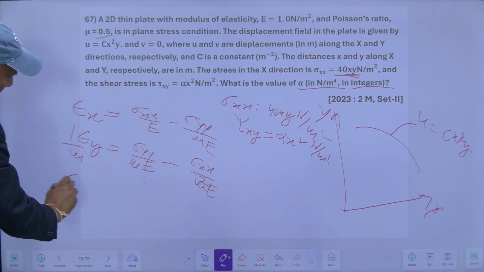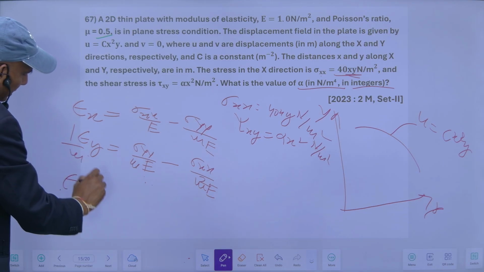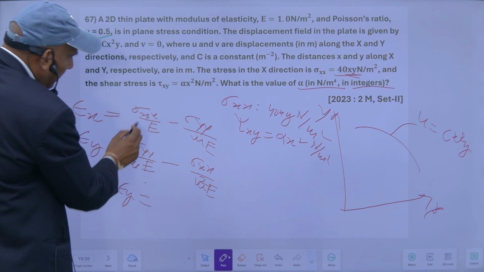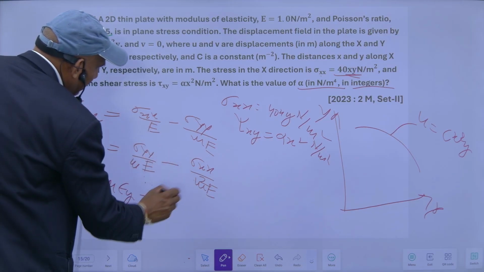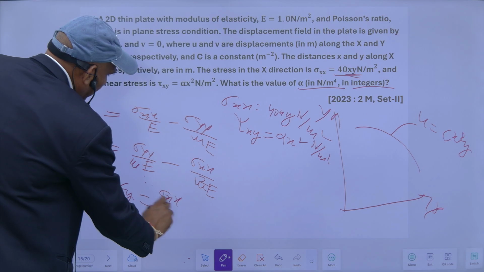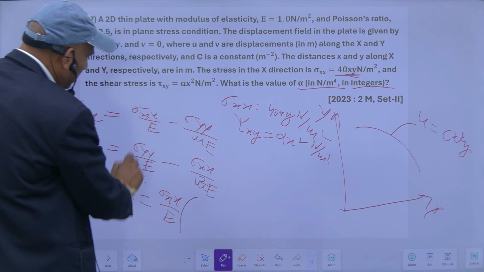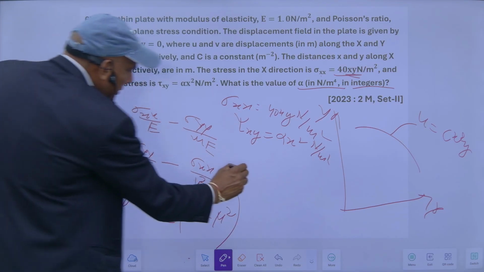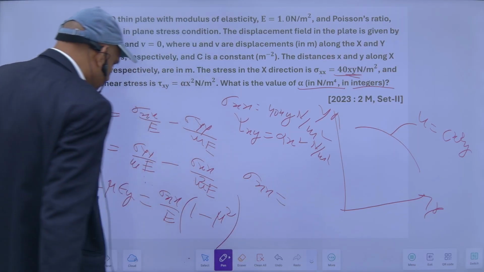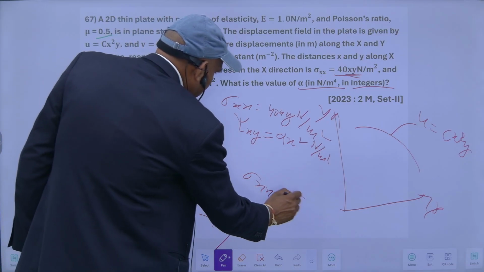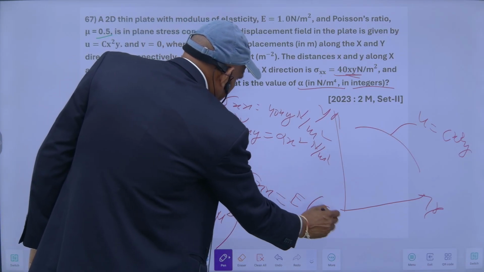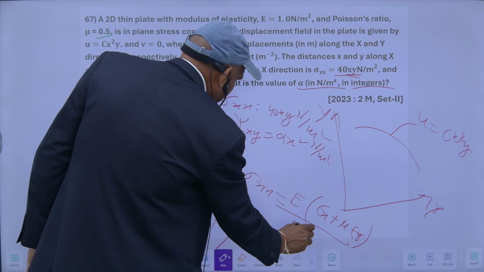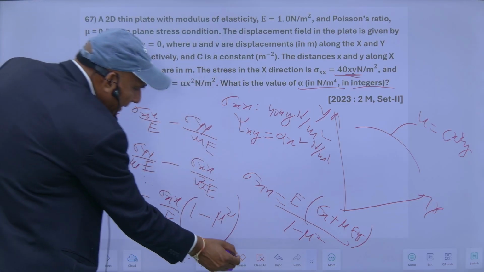So this will be epsilon x plus mu into epsilon y equal to this plus this, which will be sigma xx upon E into 1 minus mu square. So sigma xx will be E into epsilon x plus mu into epsilon y divided by 1 minus mu square. So this formula I will get.